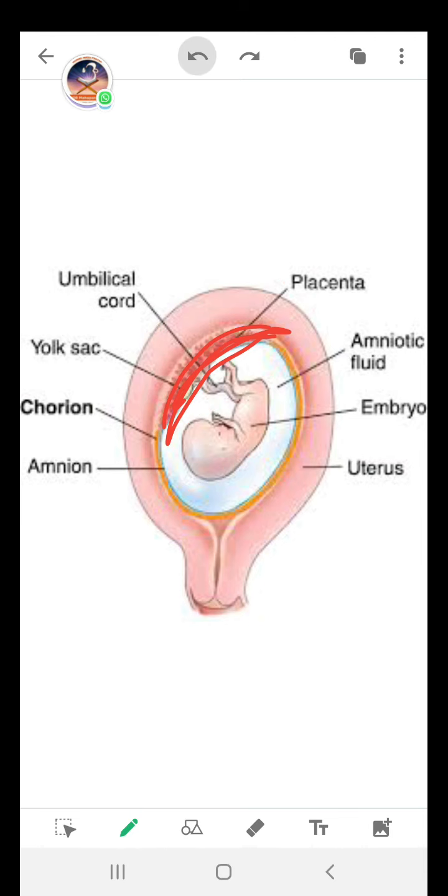What is the function of this placenta? It is through this placenta only that all the requirements of the developing fetus, like nutrition, respiration, excretion, etc., are met from the mother's body. I mean to say that exchange of nutrients, oxygen, and waste products between the embryo and the mother takes place through this placenta.